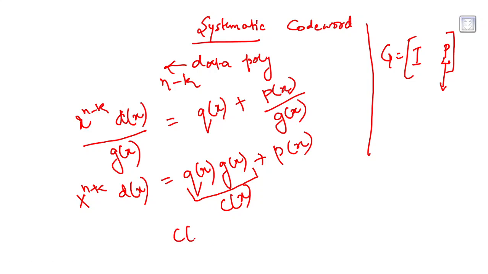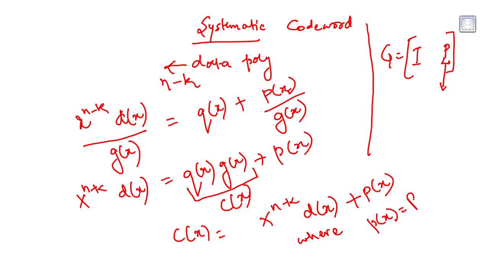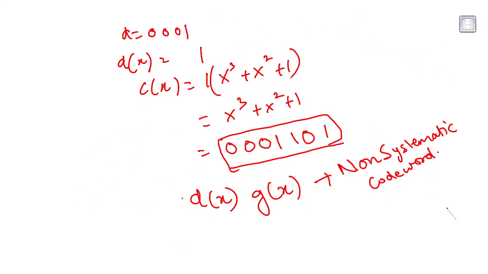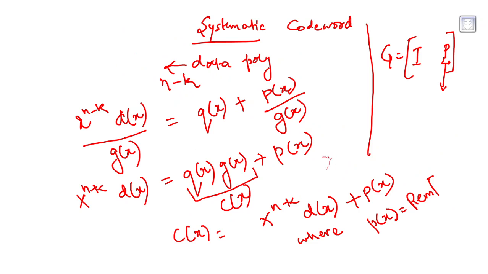So the code word is x to the power of n minus k shifted bits of data plus p of x, where p of x is the remainder of x to the power of n minus k d of x divided by g of x.